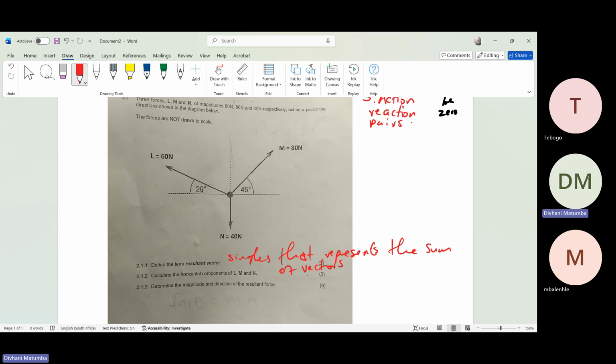Okay, let me stop there. Calculate the horizontal components of L, M, and N. I'm going to give you 3 minutes. Okay, let me start.